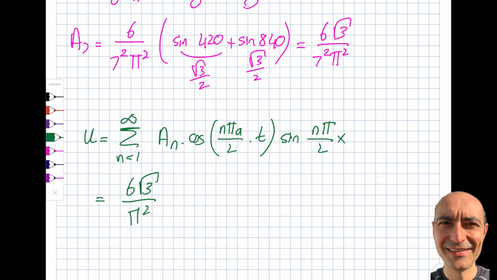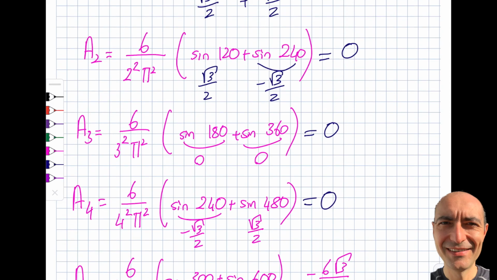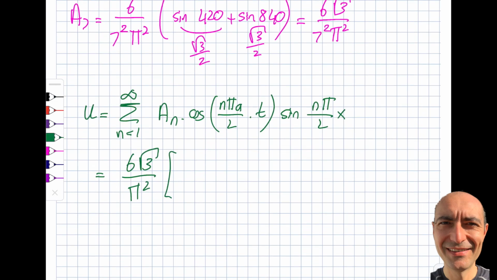Also, one thing I forgot to mention is you can see if it is 7, this is 7 squared. If it is 5, this is 5 squared. And if this is 1, it's 1 squared, right? Just to highlight. So then I will have n is 1, so it's going to be cosine of pi a t by l times sine pi x by l.